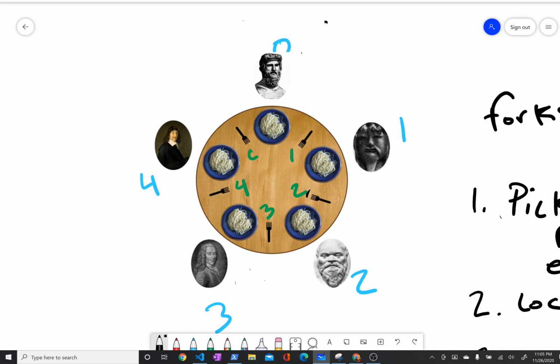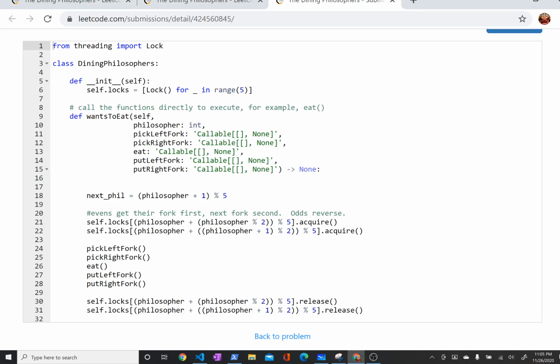And what it's going to result in is that our maximum throughput will get 2 philosophers eating at the same time, so that we can complete the task faster.